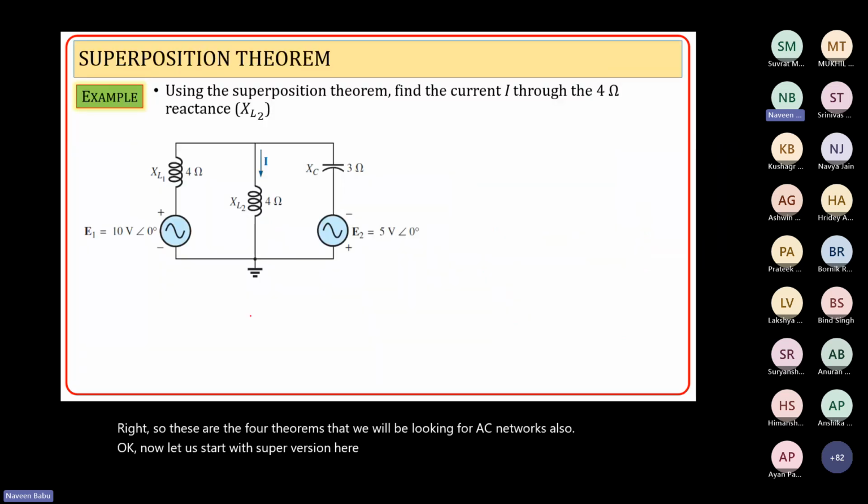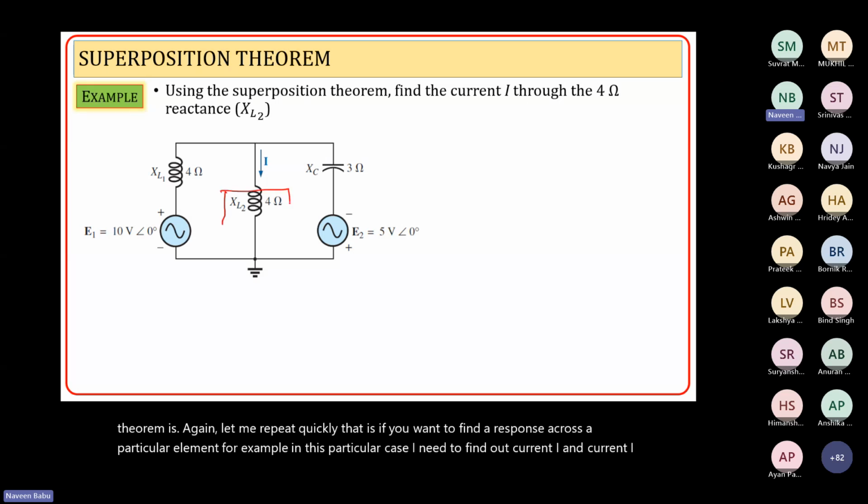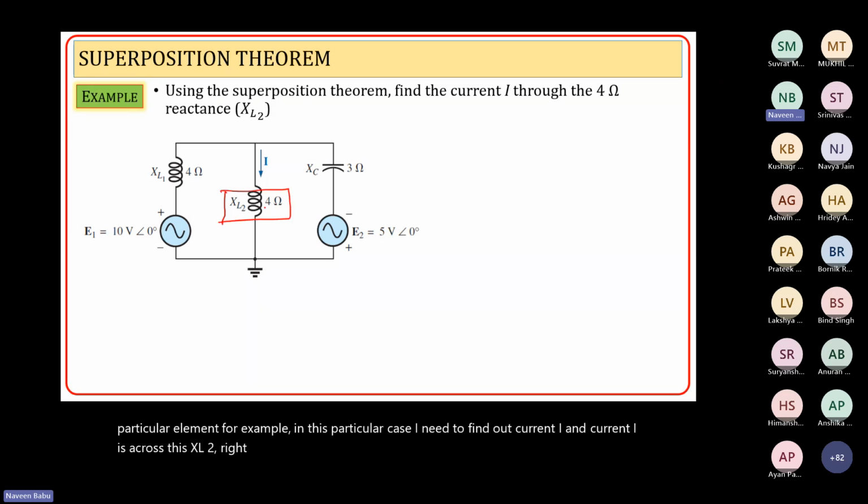You know what the superposition theorem is? Again, let me repeat quickly. If you want to find a response across a particular element, for example, in this particular case, I need to find out current I, and current I is across this XL2. So my response can be either current or voltage.